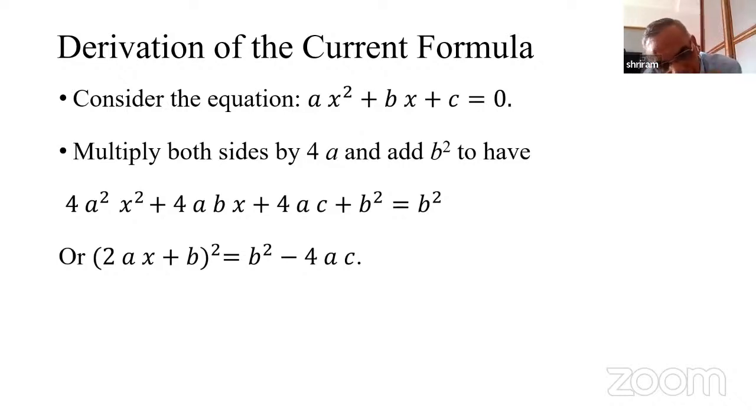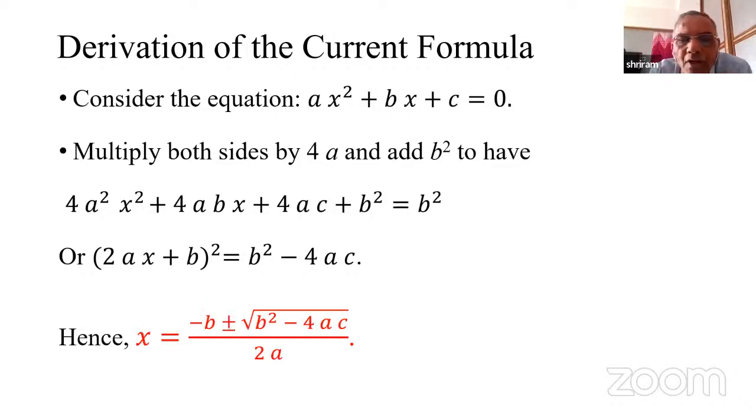Taking square roots and finding the value of x, we will get the known form of Brahmagupta's result, the form which we apply in our syllabus. So within 3 steps, we can derive the current formula by Sridhara's technique.